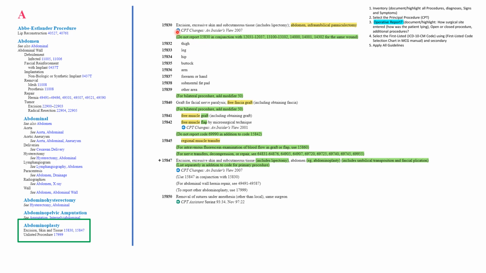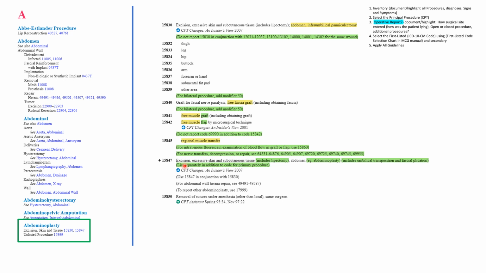And the reason I'm saying some is because it does not account for the muscle. It's saying excessive skin and subcutaneous tissue, and it's pretty much removal of that, but it's not coding for that repair. So it tells us to go to 15847.